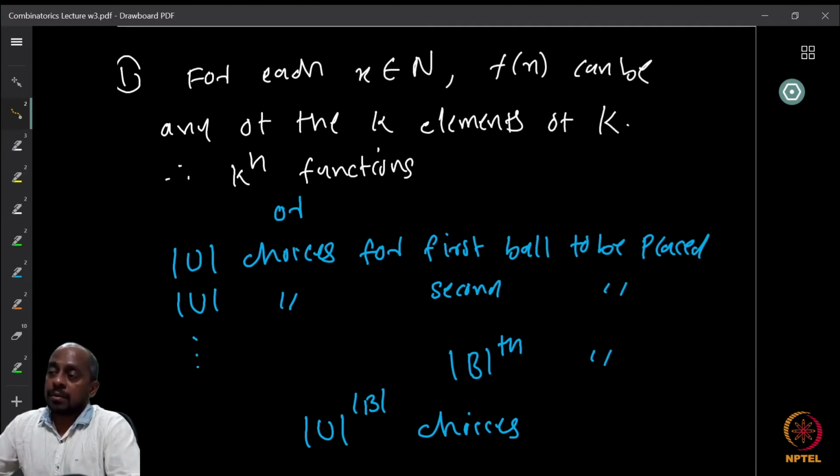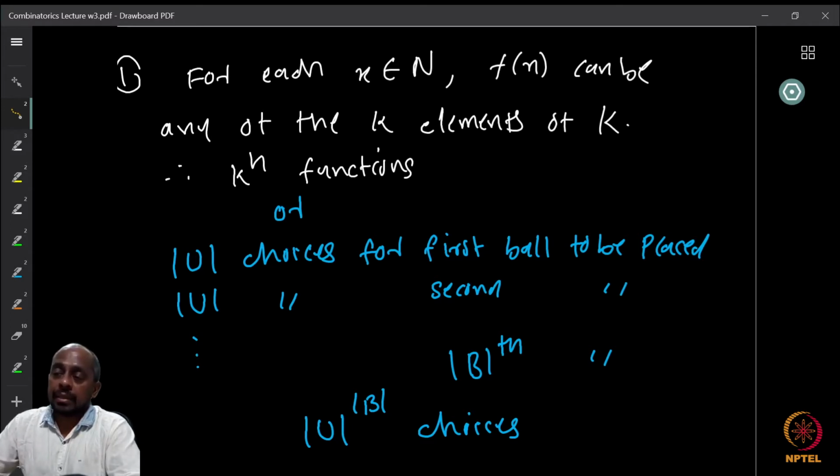So this is the total number of functions. Any function is allowed. So how many functions are there from an n element set to a k element set, which is k raised to n, right? Because f of x for any element can be any of the k possible elements. Because any element can be mapped to any of the k elements, each one has k choices. There are n elements, so k raised to n.